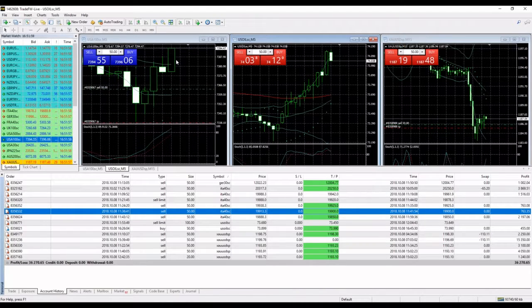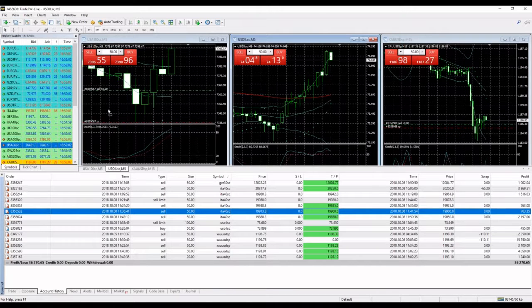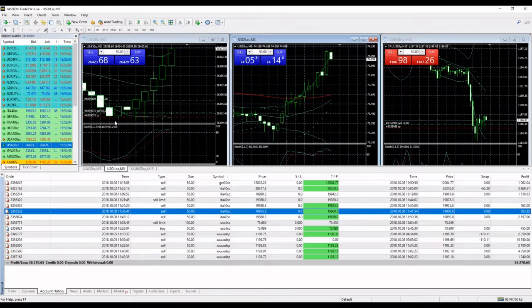You see a small pullback, but this is normal, and then it turns back. Also for USA 100, the same picture, but as I said, I'm expecting a move down here, and I will leave my positions open.